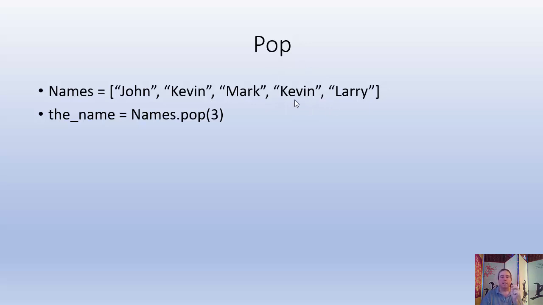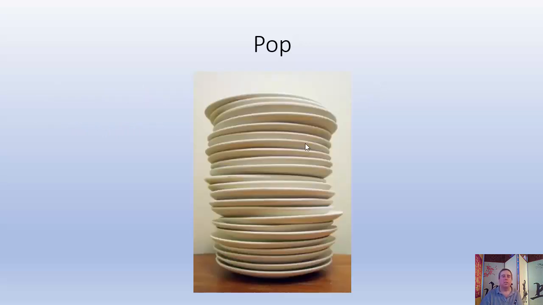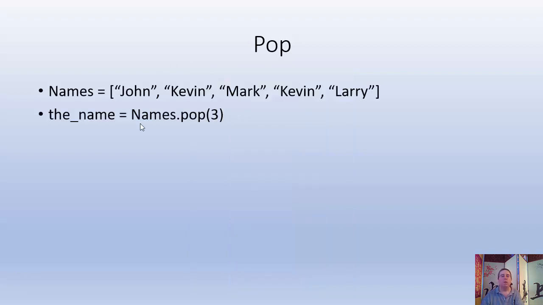It will get rid of this Kevin, but it will also store it into this variable. Now, you do not have to assign it. So in that case, pop it, whoop, let it fall on the floor, break. We don't care about it. But most of the time, when you use pop, you're going to want to know the variable. Okay? Now, if you don't care what the variable is, there's something else you can use besides pop. We'll get to that in a minute.